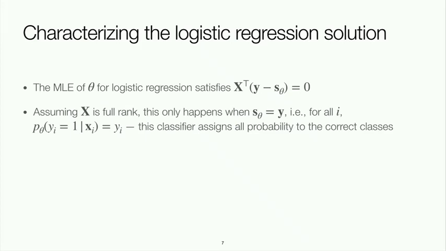We can't change our y's, they're all zeros or ones, but we can change our s theta. Basically we want these s thetas to drive in the correct direction as far as possible. We want the theta transpose x's to be either negative infinity or infinity, so that what comes out of the sigmoid is either 0 or 1, depending on the true label.